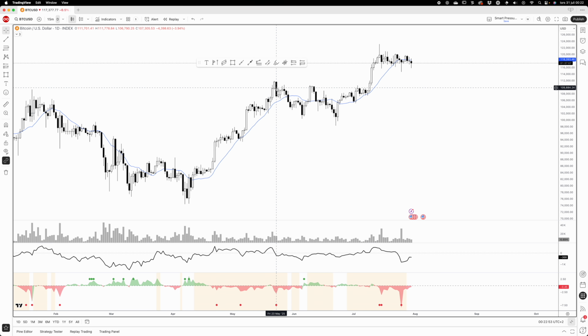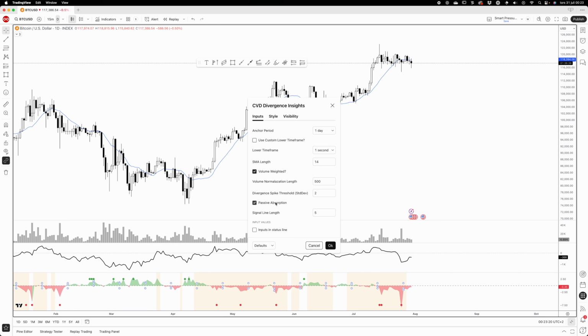So that tells us that the market order bears are weak and the limit order bulls are strong. And more often than not, limit order participants that are strong are smart money. So you should be able to trust the price action more when you see passive absorption. That is something that you can play around with. By default, it's turned off.